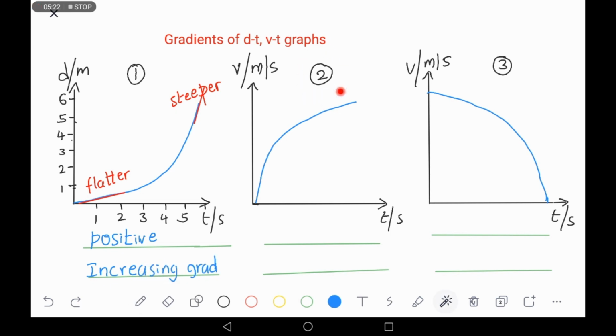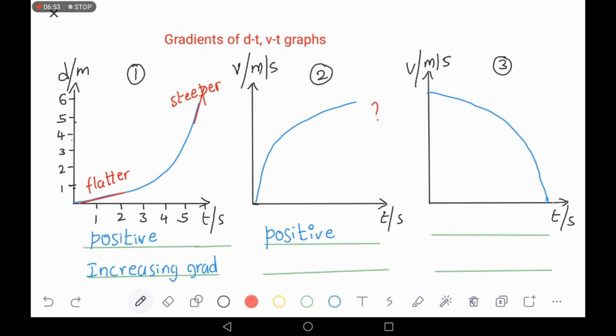The second graph is a velocity time or speed time graph. So here its gradient can be acceleration. First we have to identify whether this one is positive or negative. It is positive because the graph line is going upward. And now we will look for whether it is an increasing or decreasing gradient.